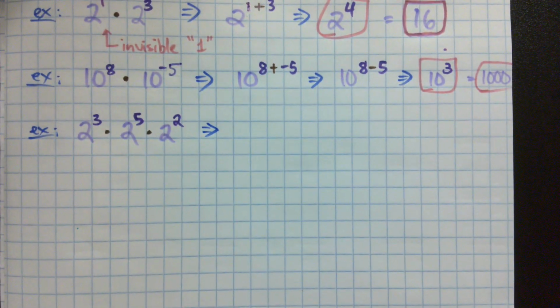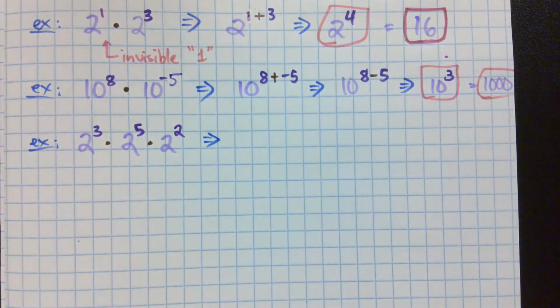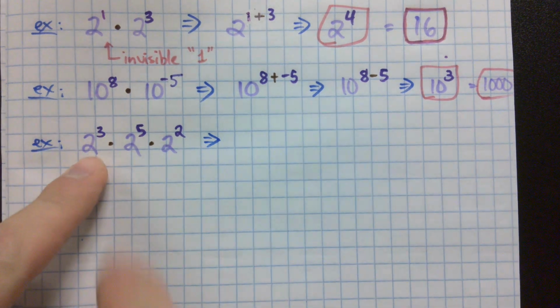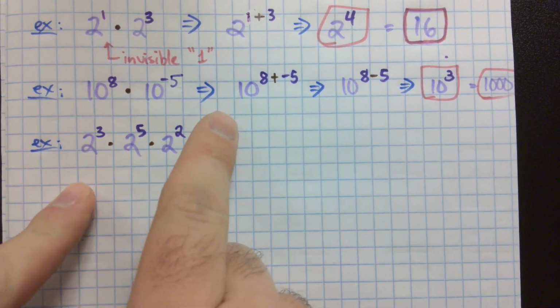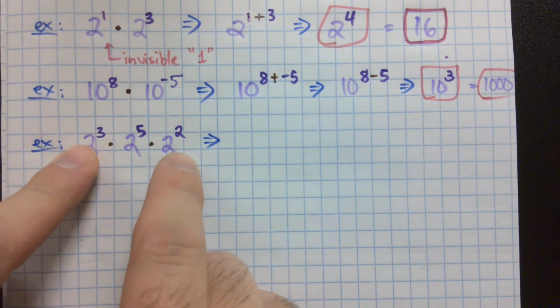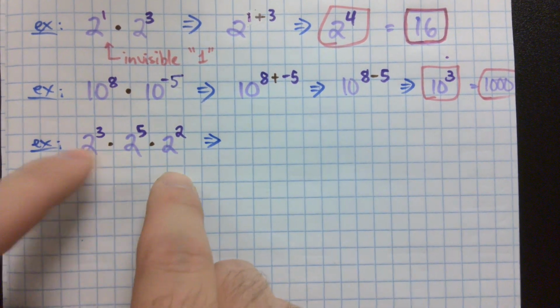I'm going to move it down a little bit. What's different about this example? There are 3 bases, right? But are they all still like bases? Yes, absolutely. We got a 2, a 2, and a 2. It doesn't matter what the exponents are as long as we have the same base.